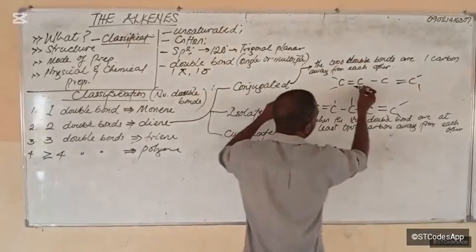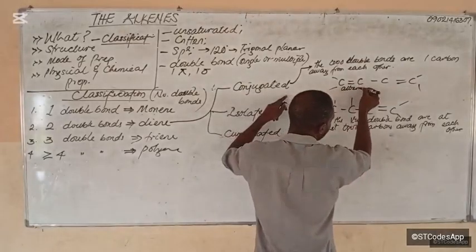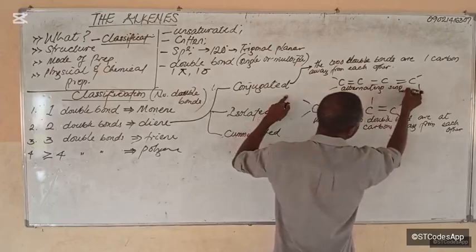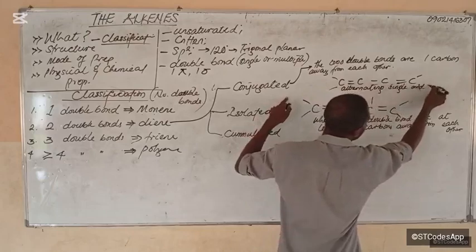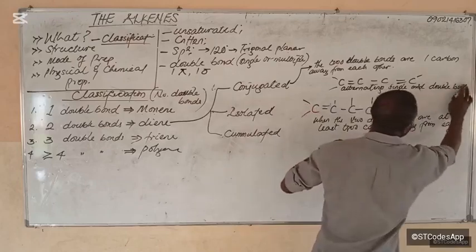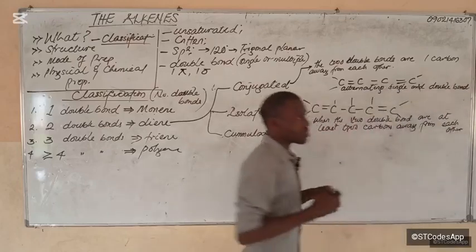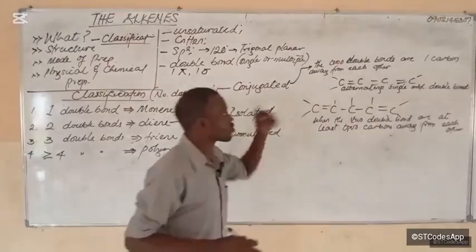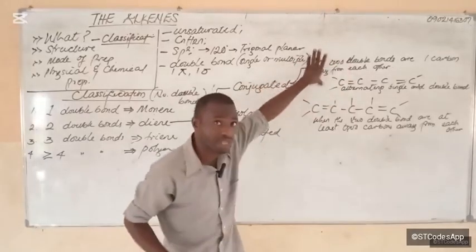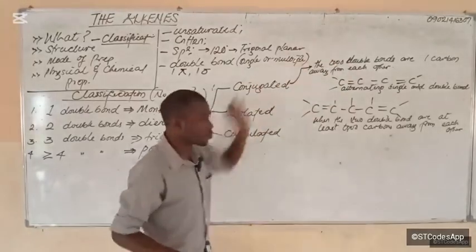When there are alternating single and double bonds, that's also a conjugated system. I'm going to talk about the effect of this conjugation, so just wait.